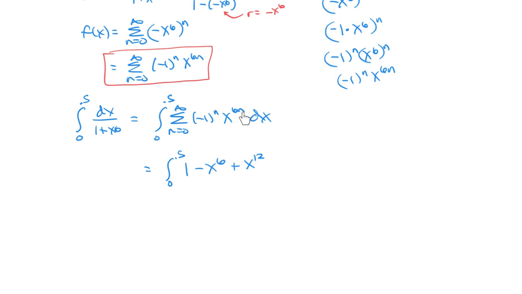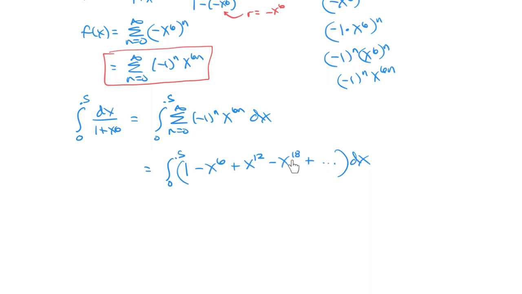It's just 6 times whatever n is. I plug in a 3 here, negative 1 cubed, which will be minus x to the 18th, plus dot dot dot, and then this is dx. Now, if I wanted this to be exactly equal, I'd have to go to infinity, but we're going to get an approximation to 6 decimal places.